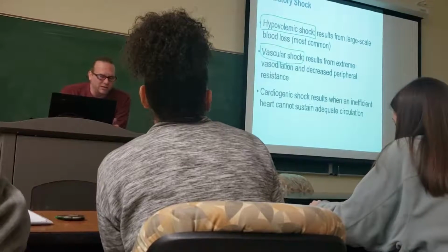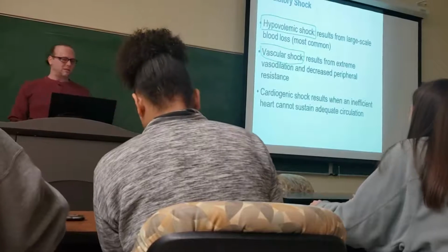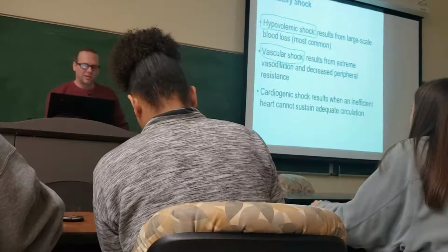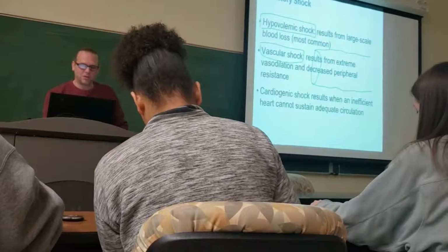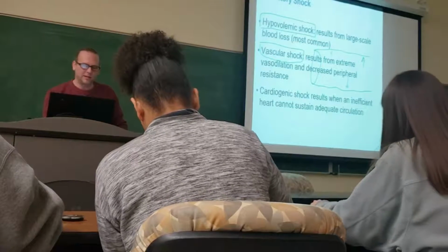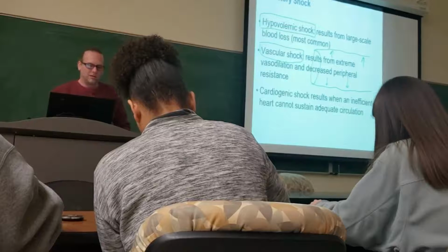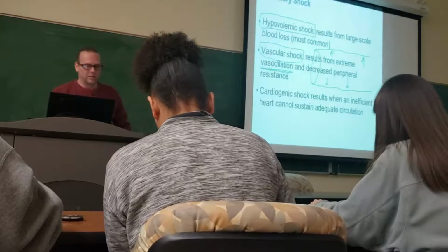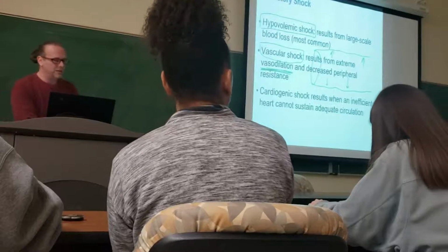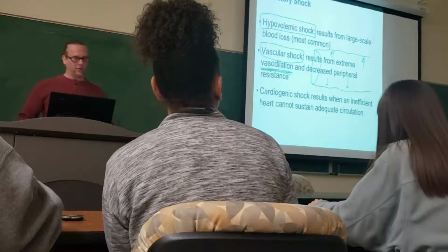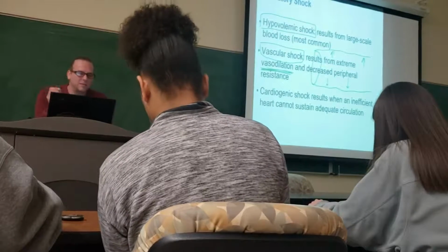Vascular has to do with the vessels, right? So what happens here is the tubes, your actual vessels, become extremely dilated. Notice the word here, it's not dilatation, it's just dilation. Everyone says dilatation, I don't know why. It's like they say athelete, they just do that kind of stuff.